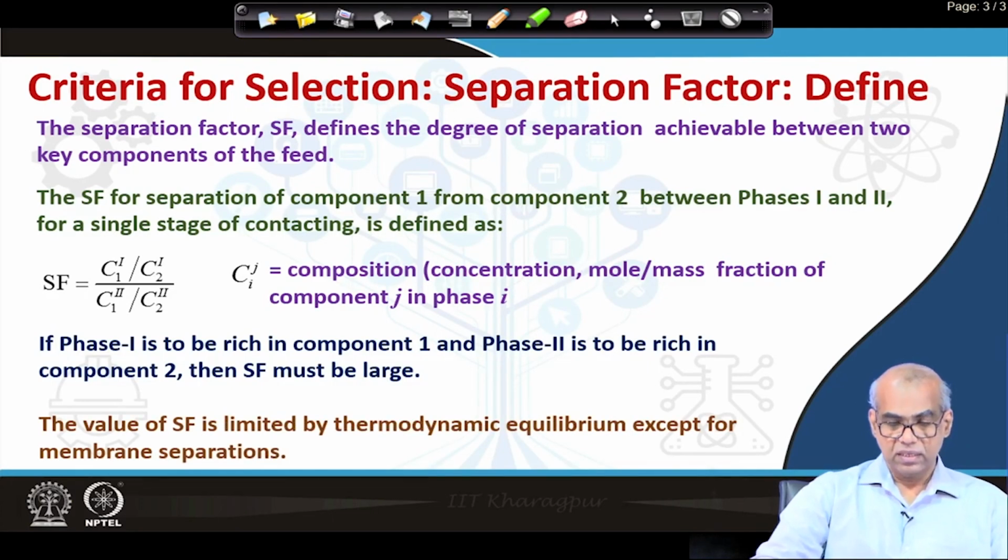Note that except for the membrane-based separation processes, the extent of mass transfer in other processes is limited by thermodynamic equilibrium. So, the value of separation factor is limited by thermodynamic equilibrium, of course, except for membrane-based separation processes where the exiting phases are not in thermodynamic equilibrium.